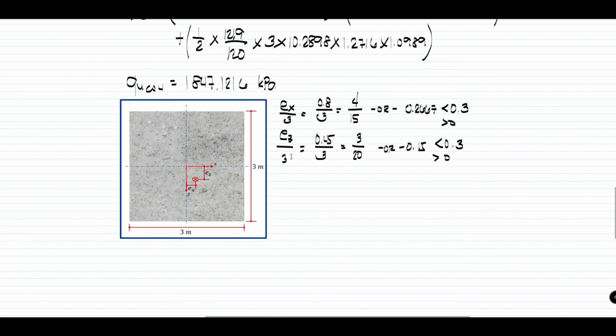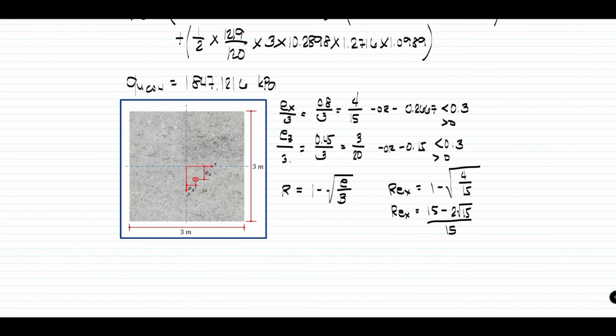So, ibig sabihin, yung reduction na gagamitin natin for both values will be 1 minus square root ng E over the dimension or any dimension B or L. So, dito, gawin natin will be for REX, that will be 1 minus square root ng 4 over 15. So our REX now will just be equivalent to 15 minus 2 square root of 15 over 15. So yan na yung value ng ating REX.